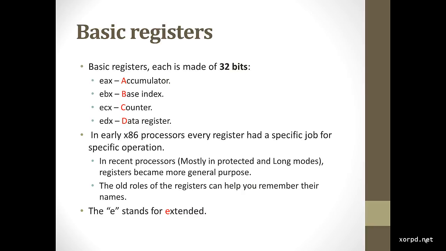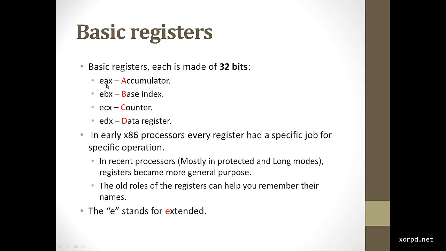The basic registers. Talking about the very basic registers, there are about 4. Each one is made of 32 bits. They are called EAX, EBX, ECX, and EDX. They also have a bit more special names.